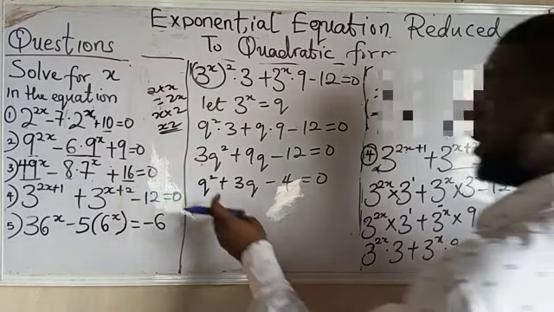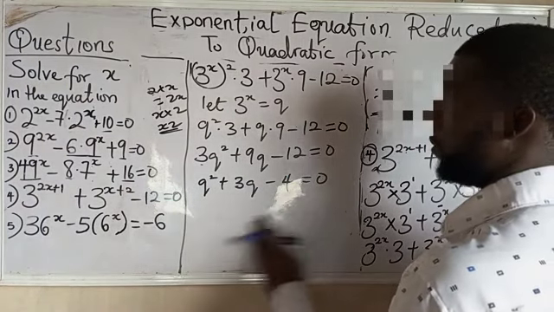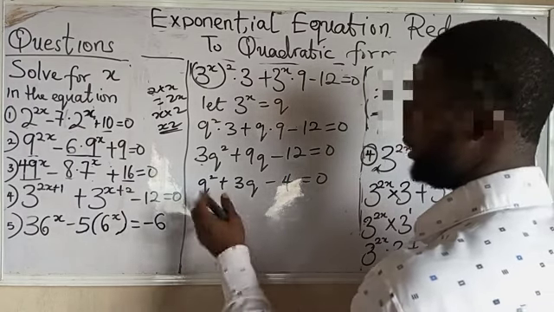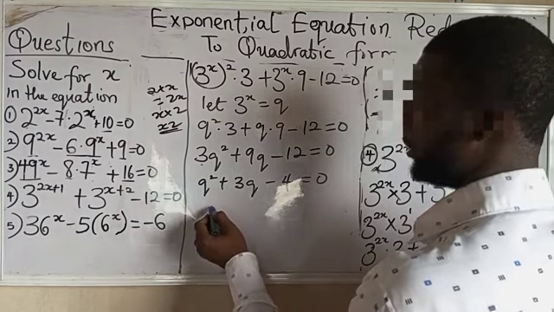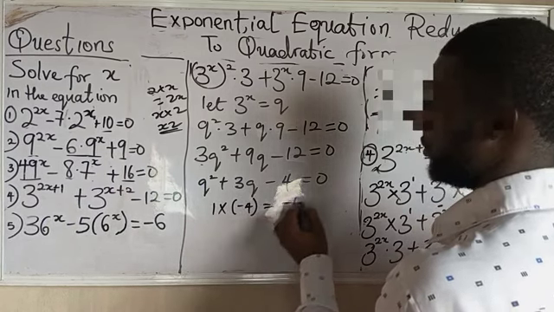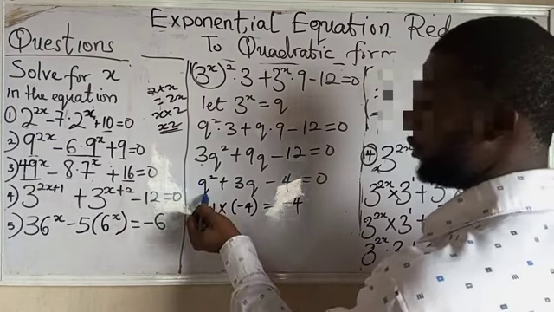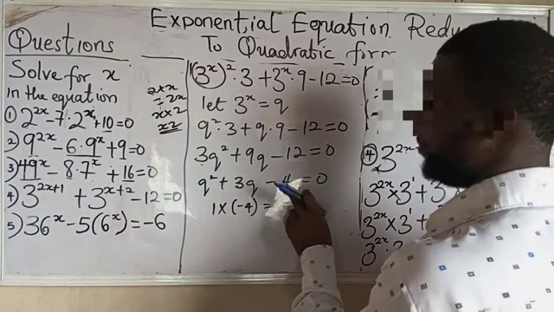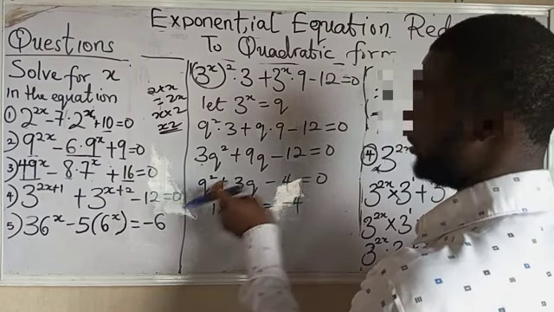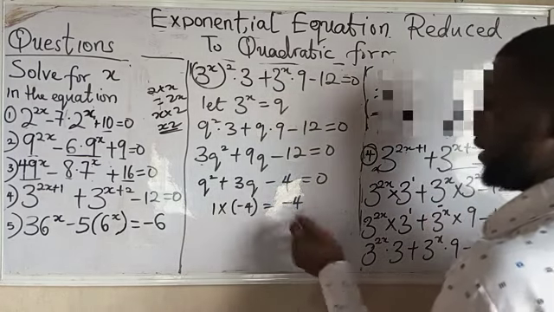So from here we have q squared plus 3q minus 4 equals 0. Then we do it the way we've been doing it. This is 1 times minus 4, which is minus 4. The coefficient of q squared is 1, and the constant term is minus 4, so 1 times minus 4 gives us minus 4.